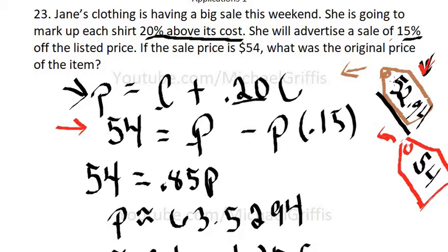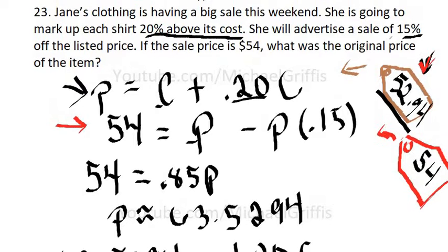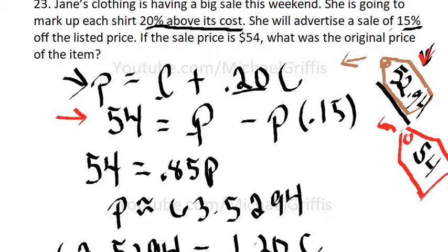Well, according to the big sale here, it looks to me like you paid more for the item than you did before the sale even happened. Yeah. It doesn't make much sense, does it?